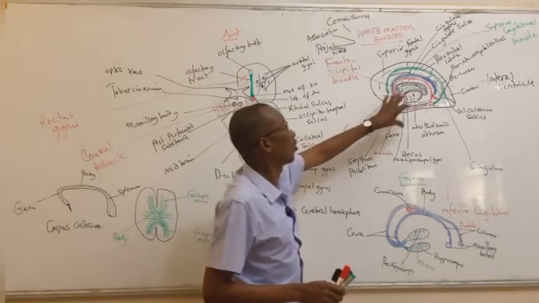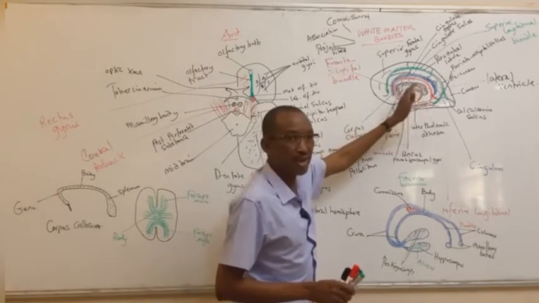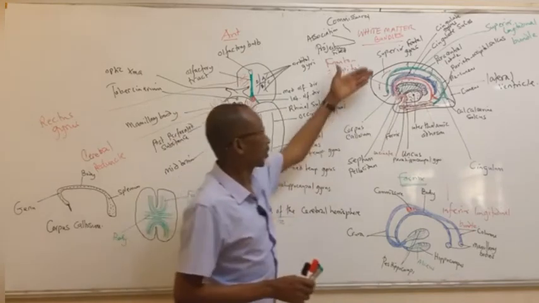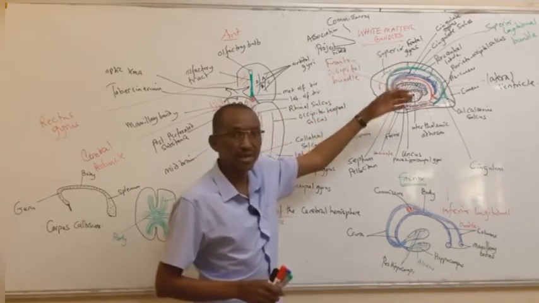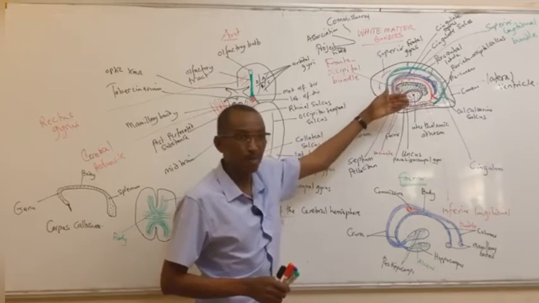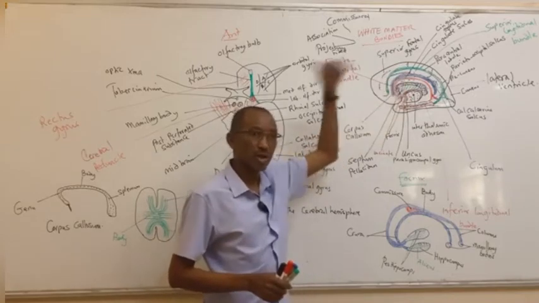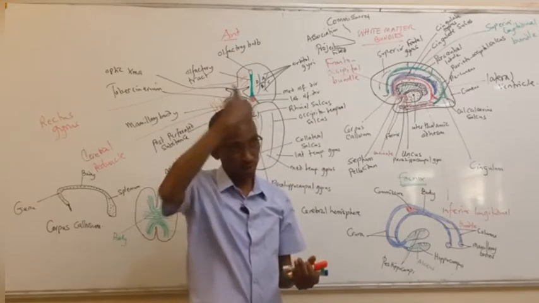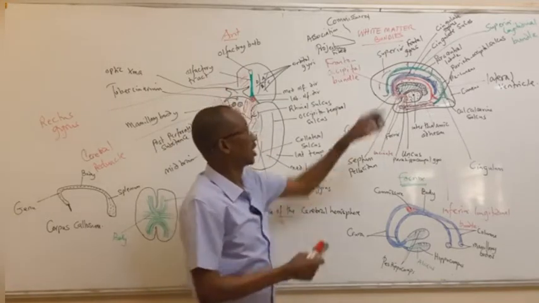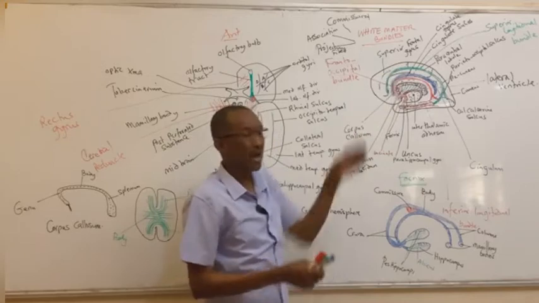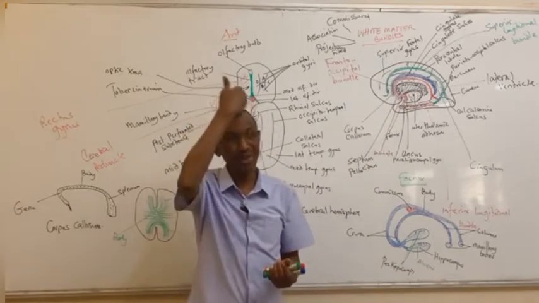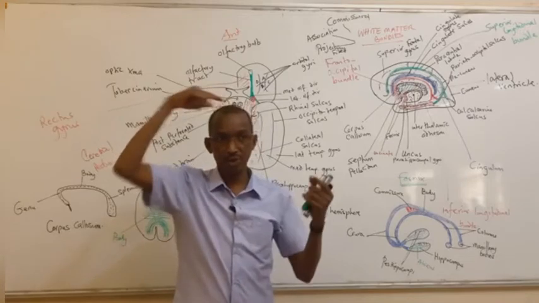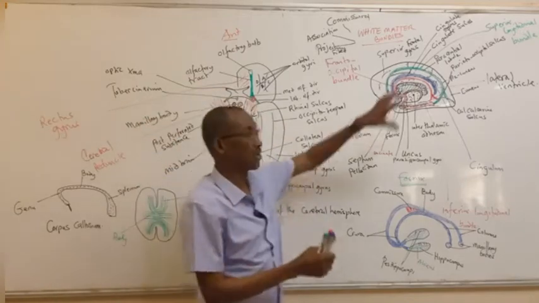So if you now look at the medial side of the cerebral hemisphere and you cut across the medial side and then you expose the white matter, because if you look at the medial side of the cerebral hemisphere without cutting the sagittal section across each of the cerebral hemisphere, that is the only time when you are going to see these bundles. But otherwise, if you divide the two cerebral hemispheres in the longitudinal fissure and then you look at each one, either on this side or on this side, you are not going to see these bundles.